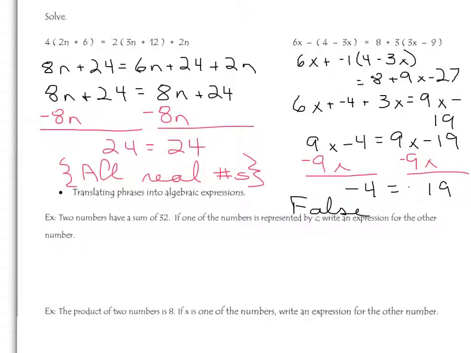So you can see this equation is false because you have negative 4 equals negative 19. So that is a contradiction, and your solution is the null set.